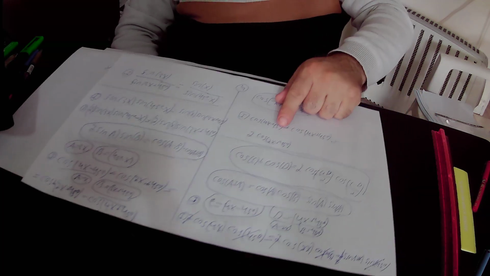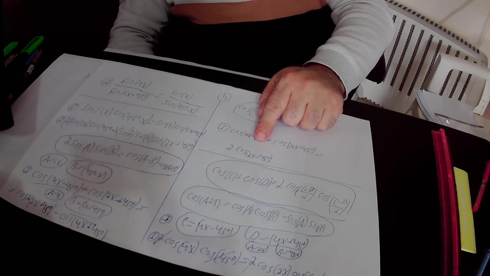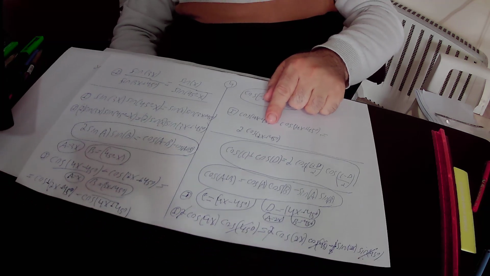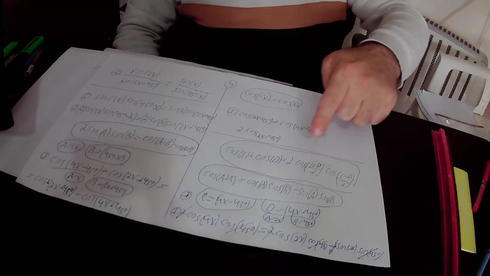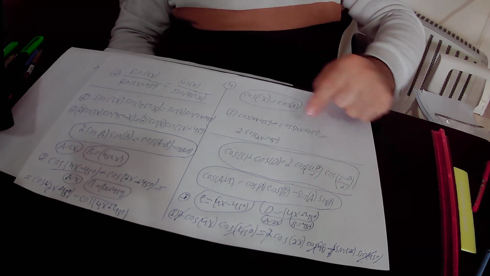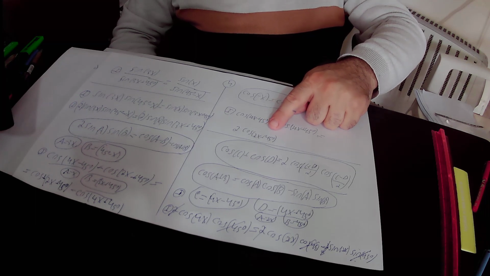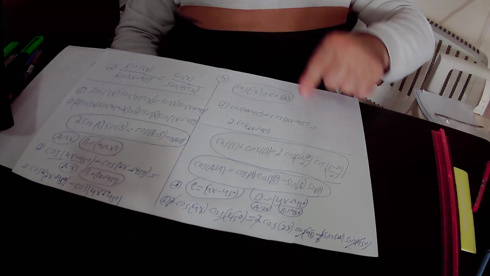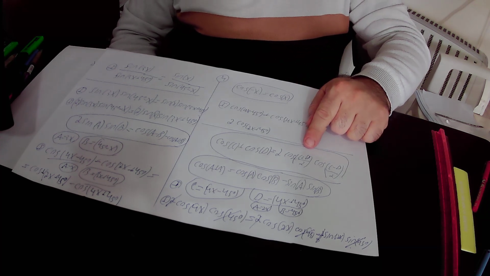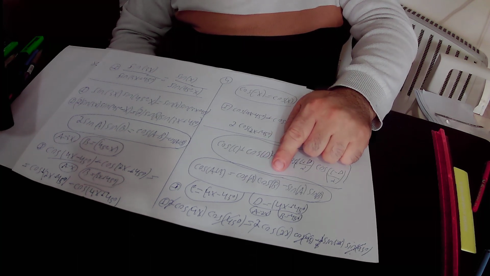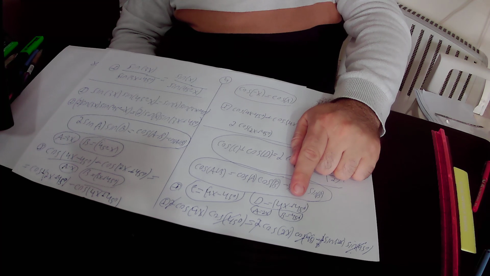And we also have this expression 2 cosine 2x plus 45 degrees, and we simplify this expression by the trigonometric identity that states that cosine A plus B equals cosine A cosine B minus sine A times sine B. Here A equals 2x, B equals 45 degrees.